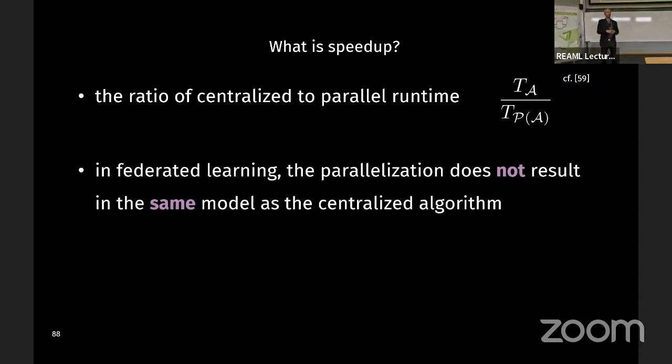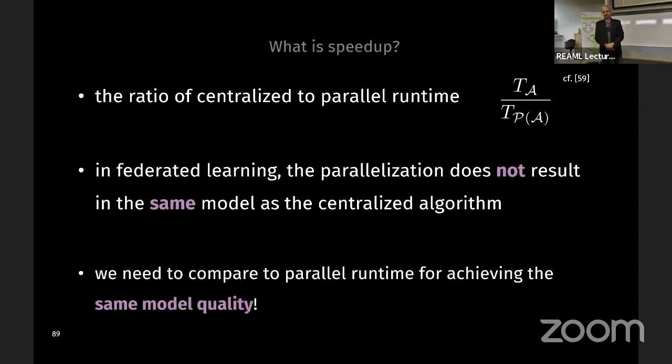And this is how speed up is then measured. So what's the runtime of the centralized algorithm to get a certain model quality or quality guarantee divided by the runtime of the parallelization. So the big thing is we need to compare runtimes for achieving the same quality.